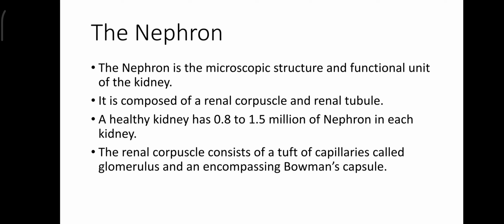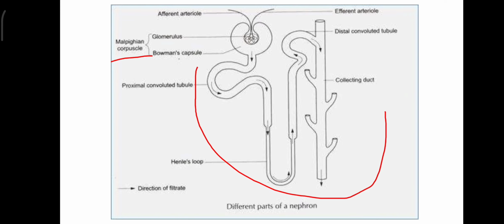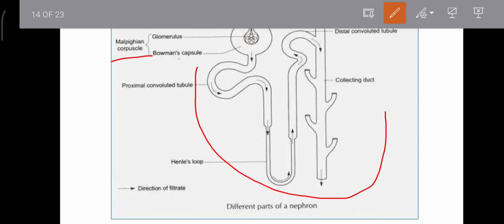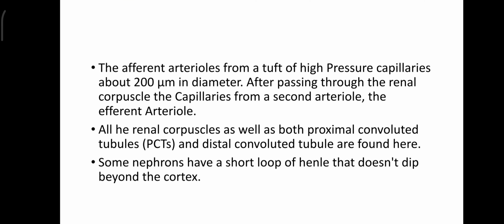The renal corpuscle consists of a tuft of capillaries called the glomerulus and an encompassing Bowman capsule. Here you can see this area is called the glomerulus. Here is the tuft of capillaries, and the encompassing area is called the Bowman's capsule. Afferent arterioles form a tuft of high pressure capillaries about 200 micrometers in diameter.